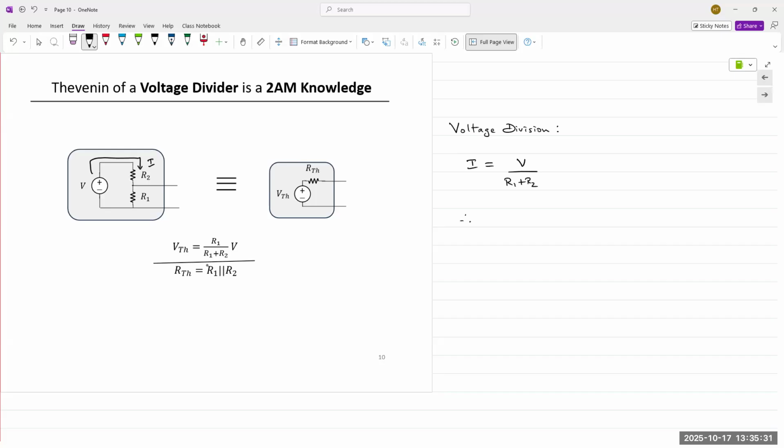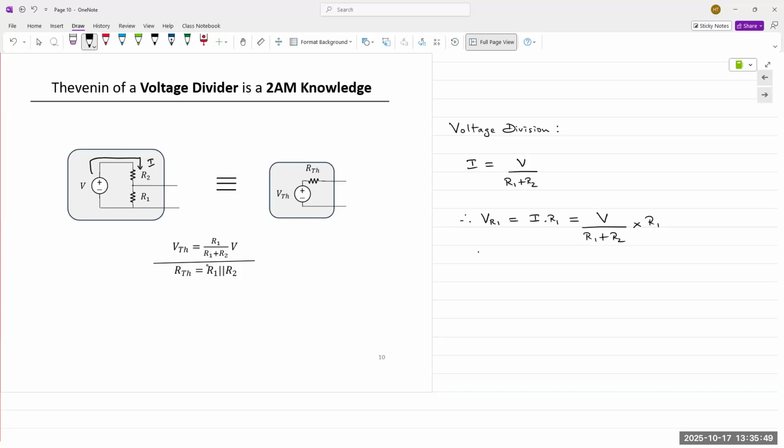And then we apply Ohm's law again. VR1 is I times R1. So it's V over R1 plus R2 times R1.